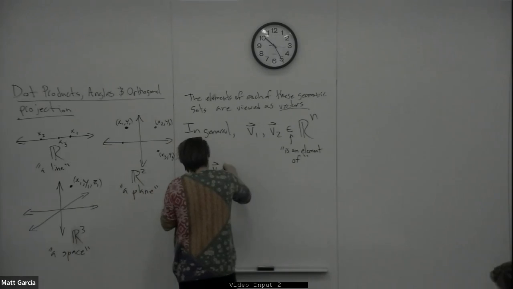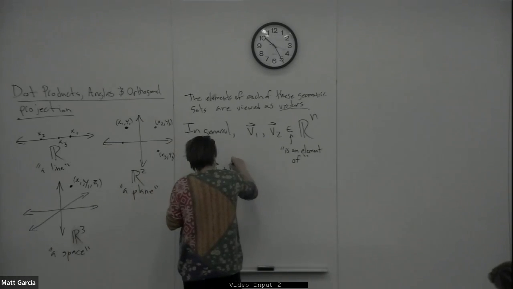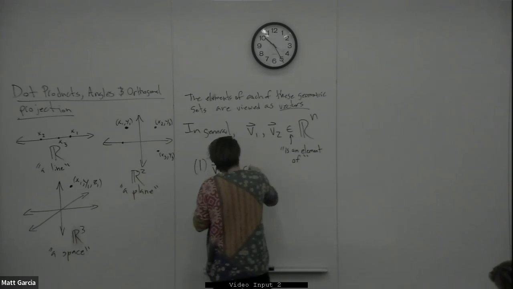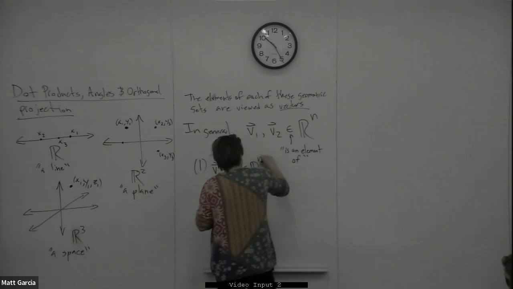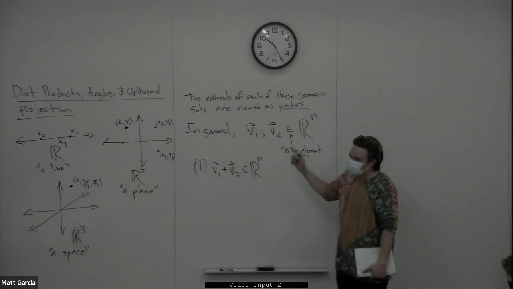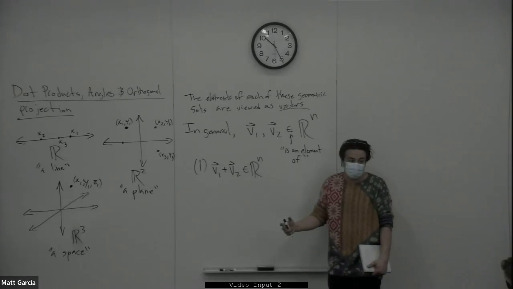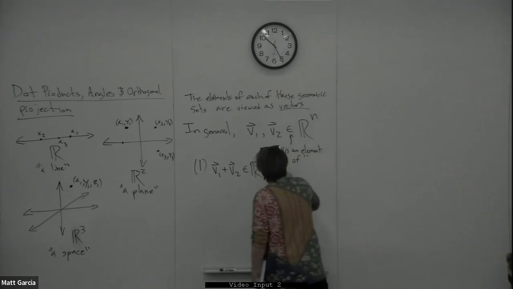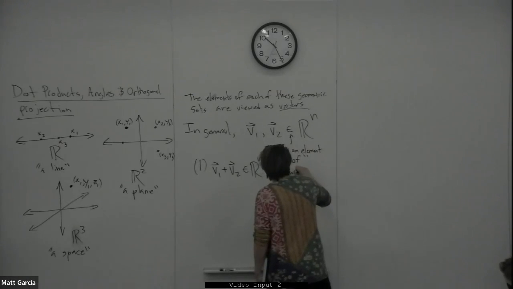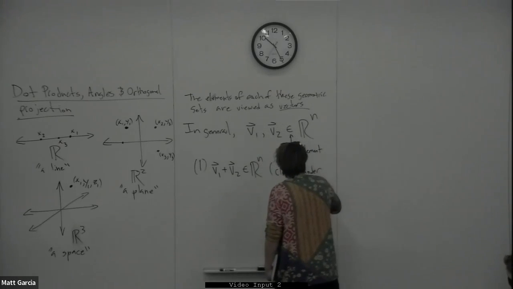There is an operation of addition. If I take any 2 vectors in n space and add them together, I get another vector in n space. We call this closure under addition.